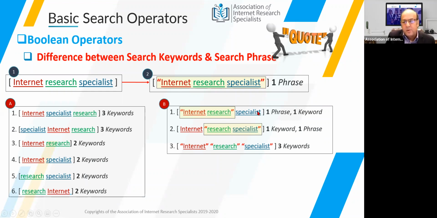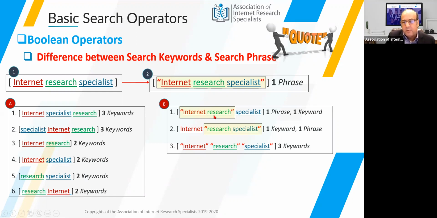So not to make it as if it is part of internet research, but the word specialist would have a relationship with internet research somewhere, where the term internet research has become a mandatory return, and specialist may be replaced by some other word.